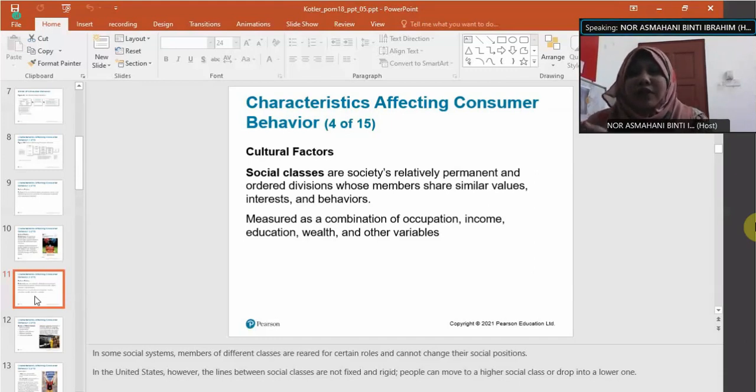If you look at the ladder of social class, they have upper, upper middle, lower middle. Ini panjang kalau nak cerita social class. There is a ladder.